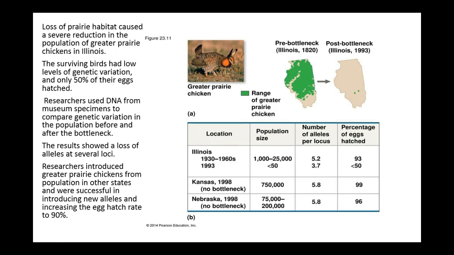So they introduced prairie chickens from other states, and that increased the hatching rate of the eggs to about 90%. This loss of genetic variation generally leads to populations that are not viable in terms of reproducing, and those populations are going to die out.